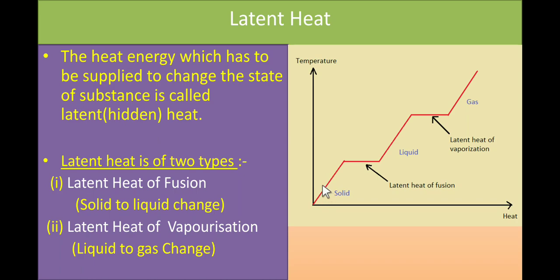Temperature rises as we continue to supply heat. Beyond this point, when we supply heat, the temperature remains constant or fixed, that is, does not rise. But we are constantly supplying heat, and the solid substance from this point started fusing, that is melting.